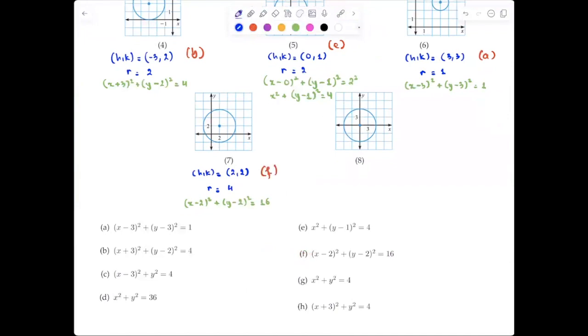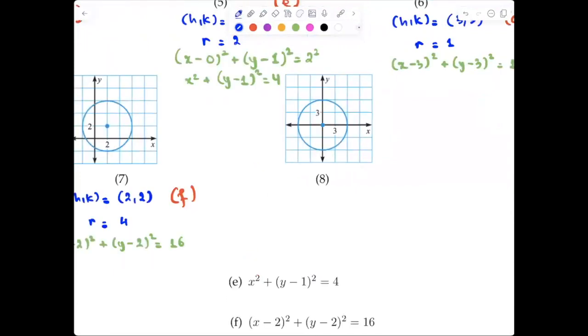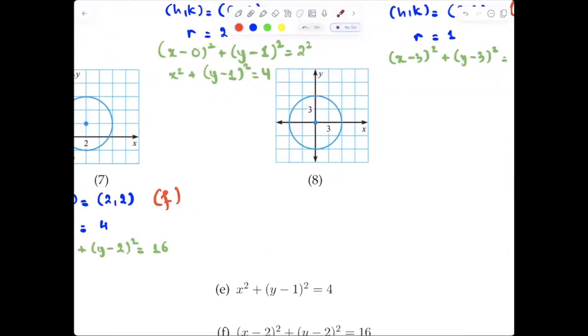And for the last graph, again, the scale on the axis is different from what we have done so far. So 1 box is going to be equal to 3. So 3, then 6 for the radius, and the center is at the origin.